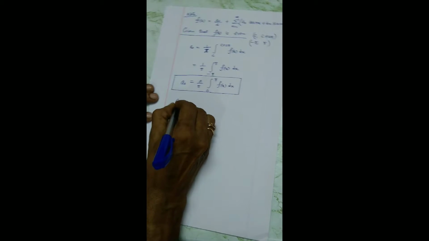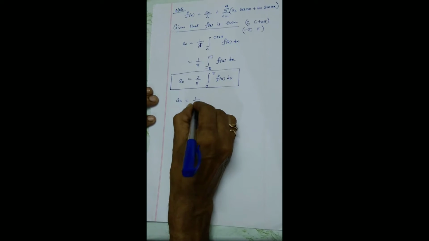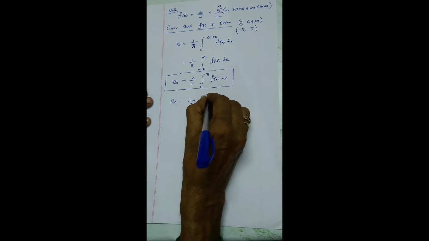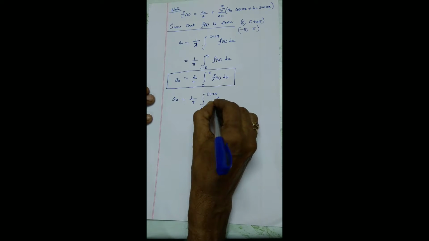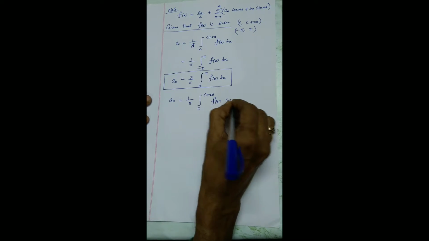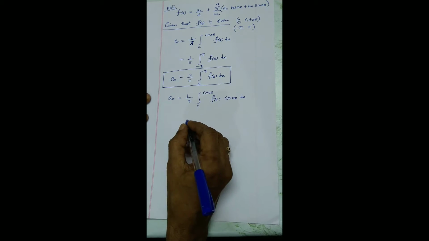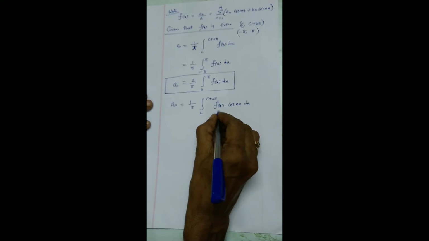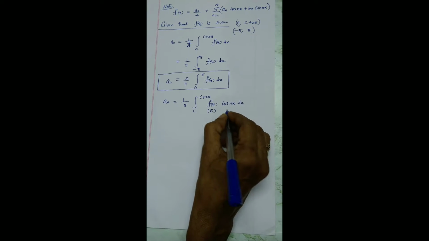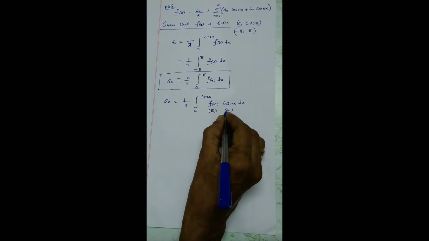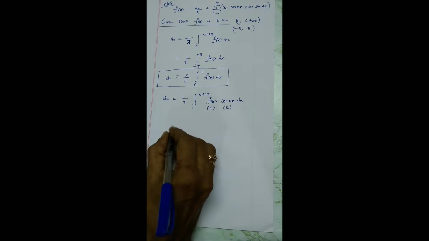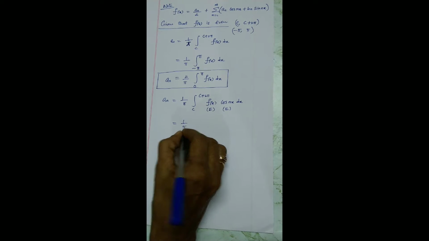In the same way, let us take an: 1 by pi integral c to c plus 2 pi of f of x cos nx dx. I'll just recall the fundamentals, you know very well. This function I am assuming even. I enclose the bracket. This function is well known, cosine is by default even. Even into even is an even function. So my focus is on this.